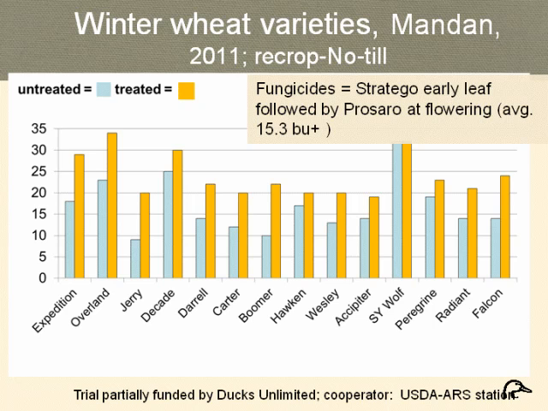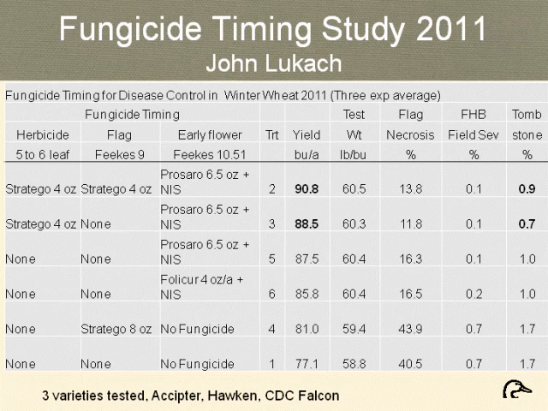The average response was 15.3 bushels. You can see that, for example, Boomer had a good response. Cy Wolf, a Syngenta variety, was probably the variety that had the least response to fungicides in that trial. So there are differences in varieties, but generally, I would say winter wheats have a fairly high level of susceptibility at this time to these leaf spot diseases and scab.